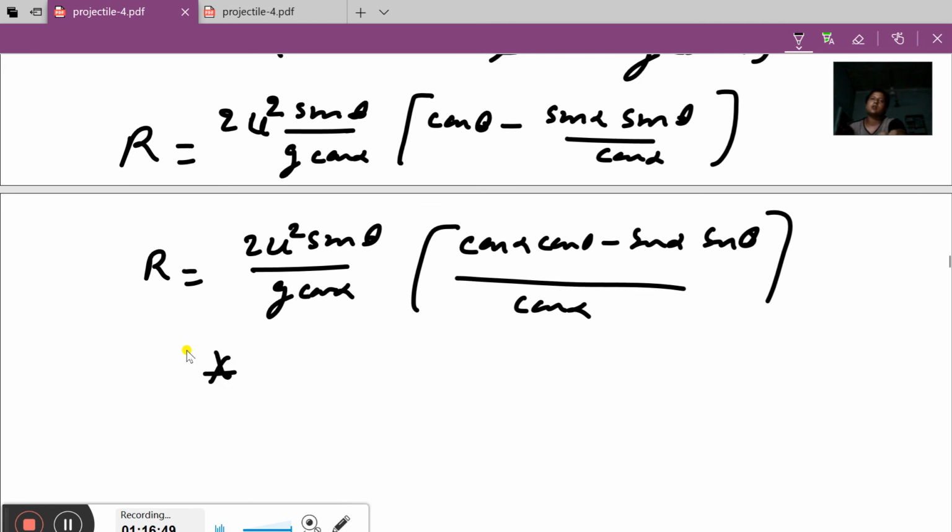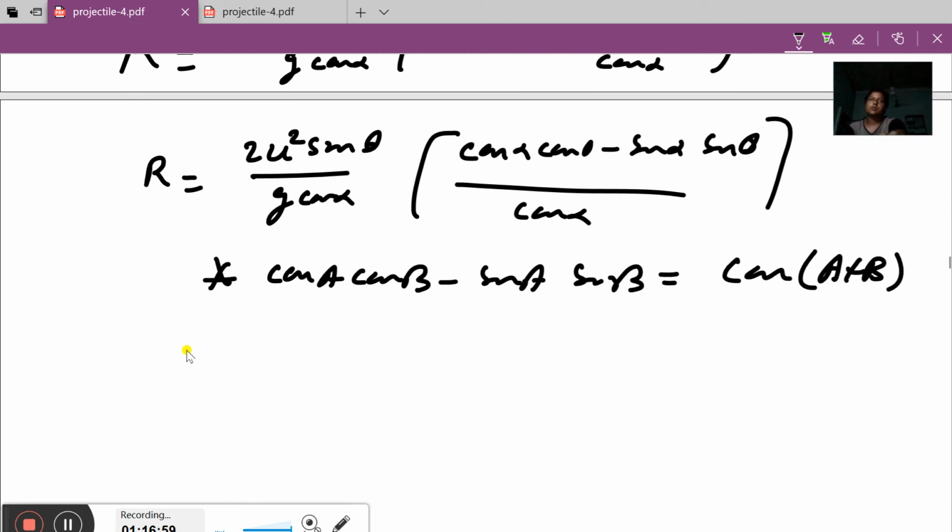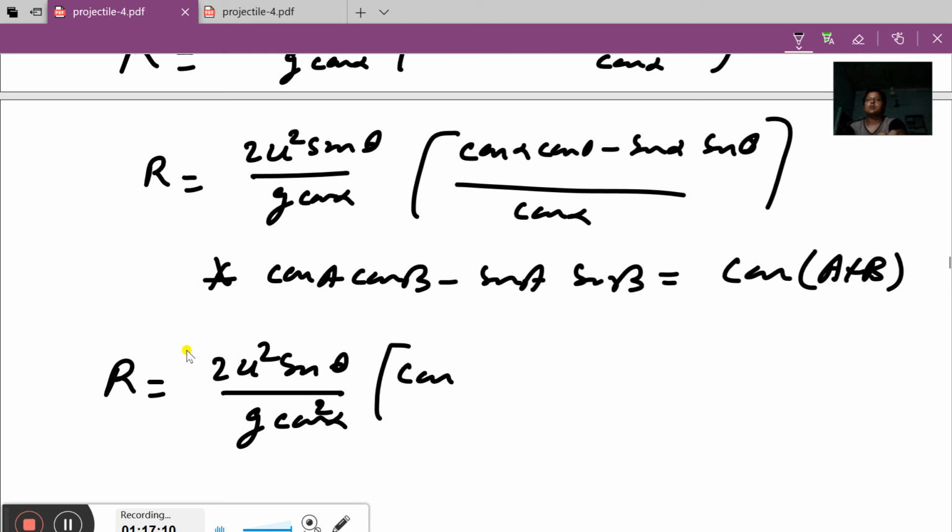We have formula cos A cos B minus sin A sin B is cos A plus B. Accordingly we can use 2u square sin theta over g cos square alpha into cos theta plus alpha.